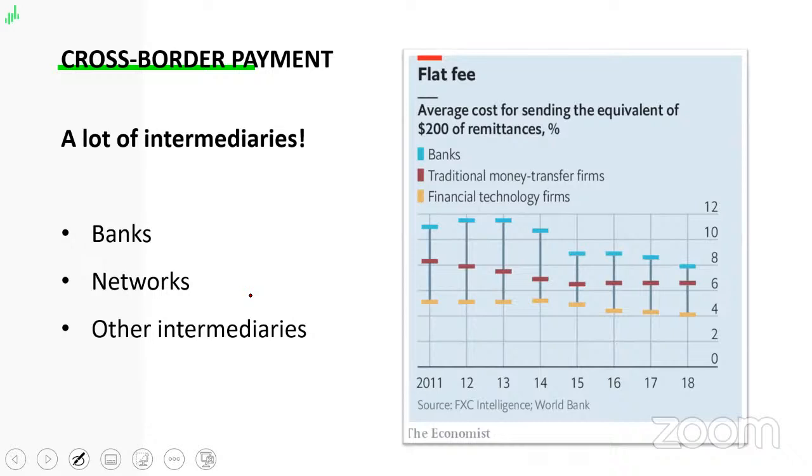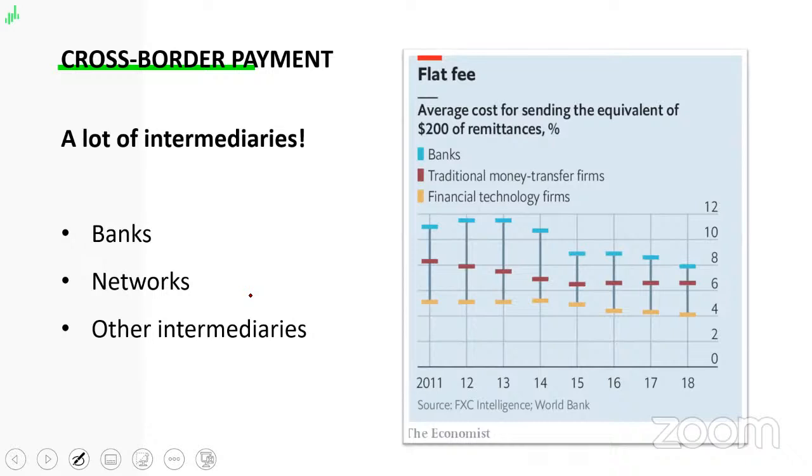Then you have the network. For example, in Europe you have SEPA. Worldwide, you have SWIFT. By network, I can also include Forex because when you send money from one bank in euro to another bank in euro in the Eurozone, then there is no FX. But if you send euro to Canadian dollar or whatever, you also have FX fees.